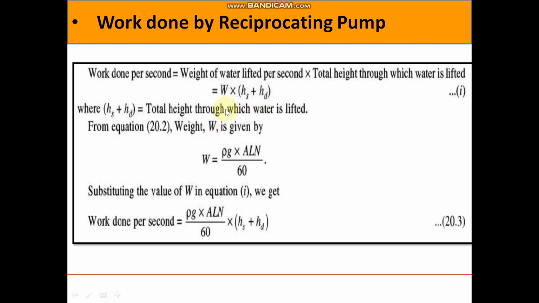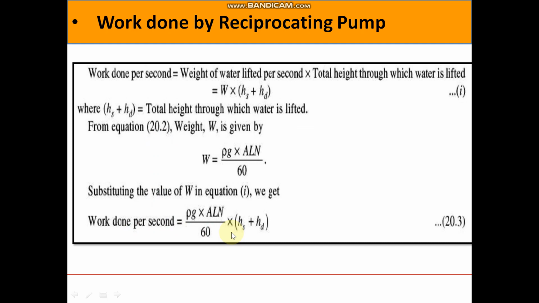So we already know the expression of weight. Let's put this value into this equation. So the final expression of work done per second becomes rho g into ALN upon 60 into Hs plus Hd.